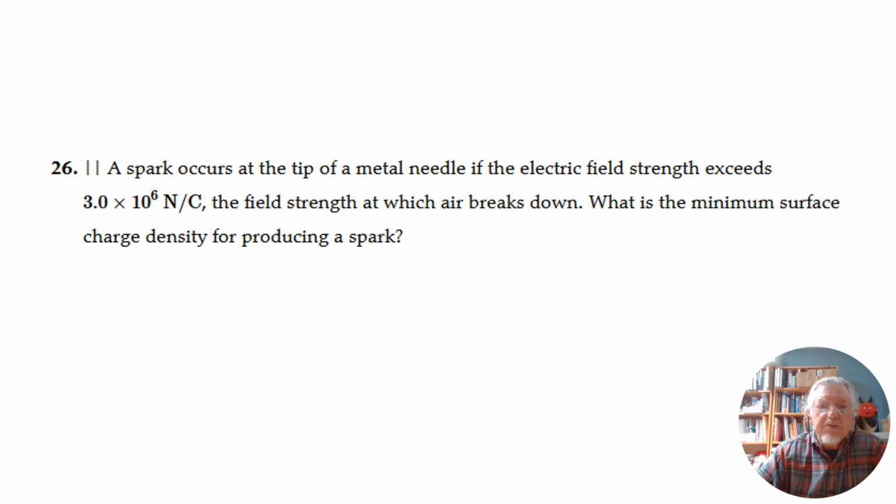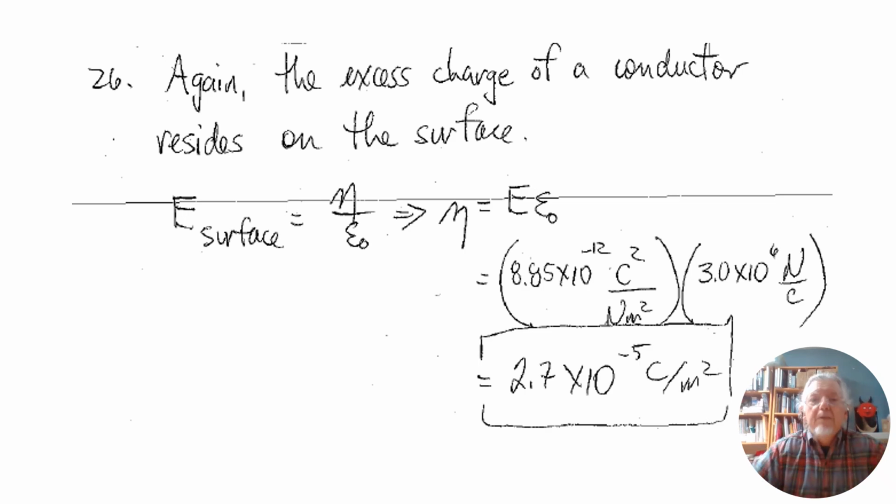The next question is, how do you get a spark plug to work? Well, you've got to get a field strength up to a certain critical level, and then you would have that happen. So what minimal surface charge density is required so that the field strength is at least 3.0 times 10 to the 6 newtons per coulomb?